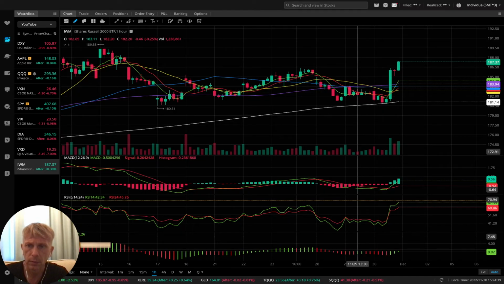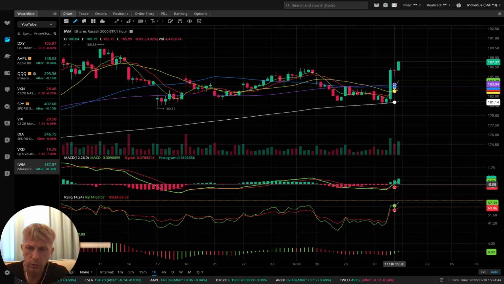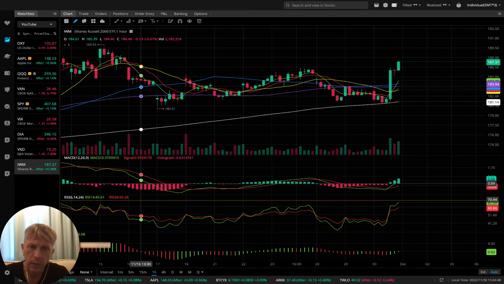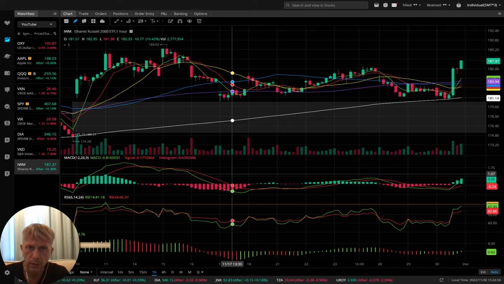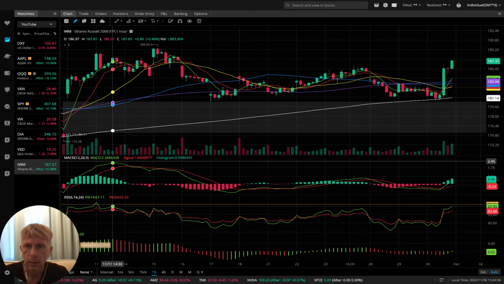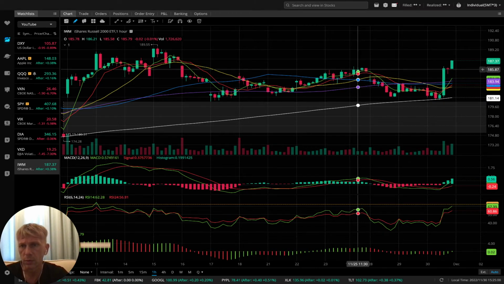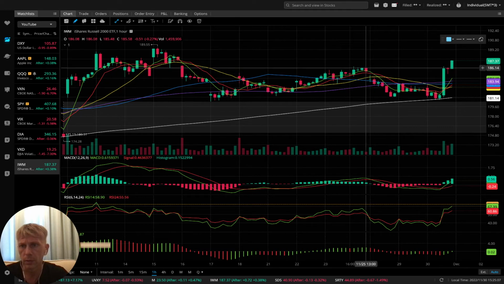1 hour, similar story. Bullish signal: MACD bullish crossover, RSI bullish crossover, Osmo Oscillator bullish, with bearish divergence, right? Let's see from here. From this point to this point is uptrend. Let me show you. It's the uptrend direction, right?